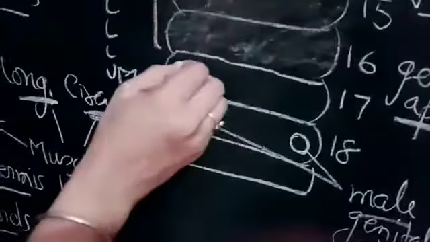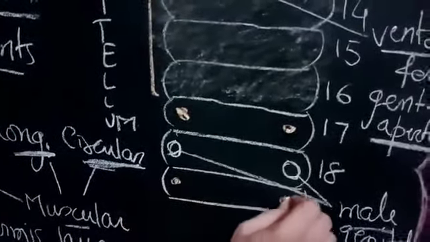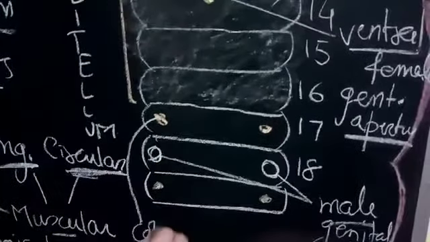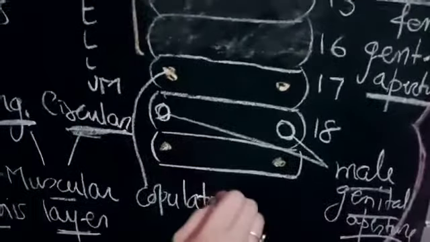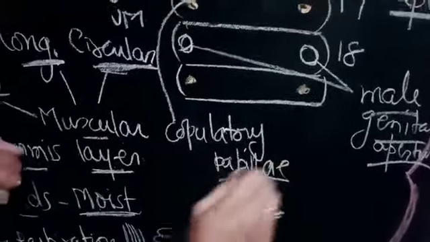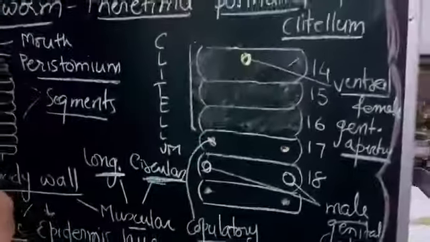There are two more structures, very dark banded, called papillae. They are called the copulatory papillae that help in the transference of gametes from one individual to another. So the female genital aperture is in the 14th segment.